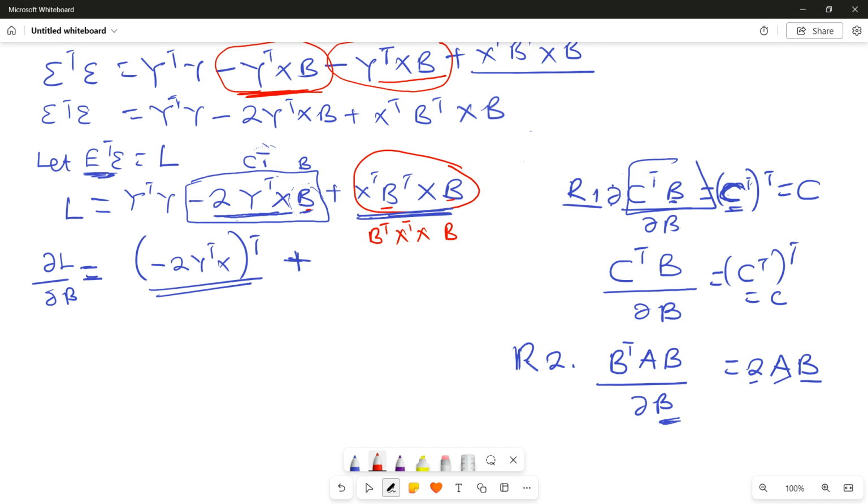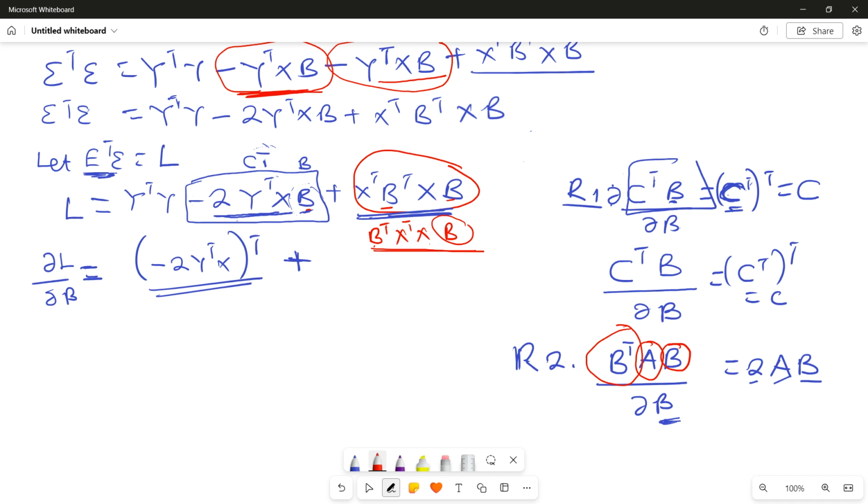Yes, so b transpose x transpose x b, if we want to differentiate that term with respect to b, we know that this b transpose is the b transpose in the formula. Then the x transpose x is the a. Then this b here is that b there.